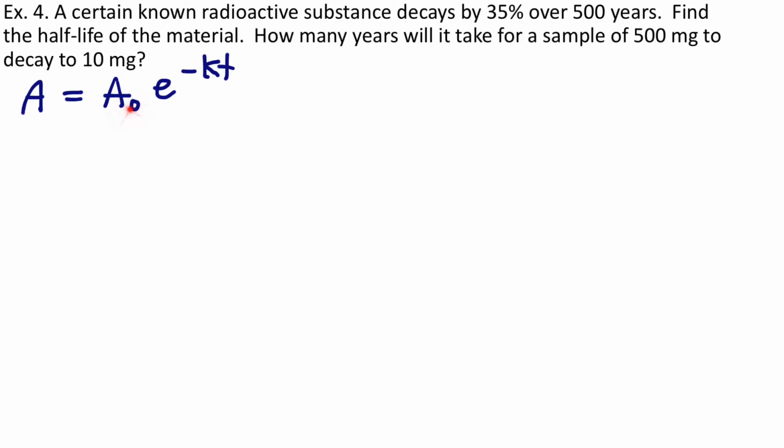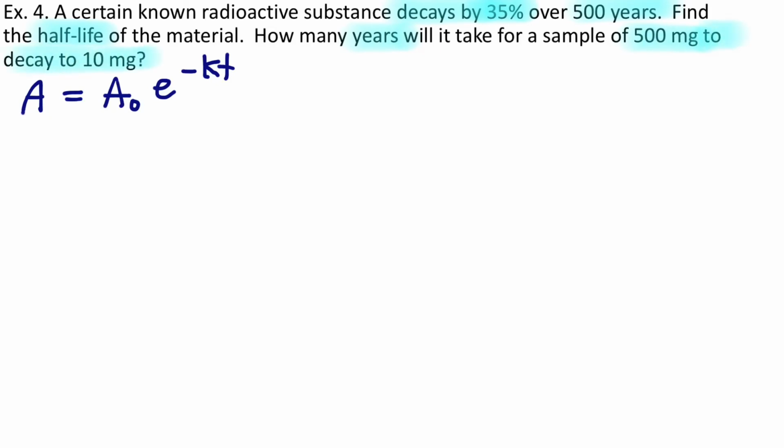All right, so let's go ahead and see what we have given to us. So I'm going to highlight the important information. A certain known radioactive substance decays by 35% over 500 years. We're asked to find the half-life of the material, and we're also asked to find how many years it will take for 500 milligrams to decay to 10 milligrams.